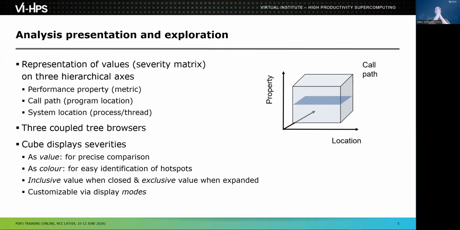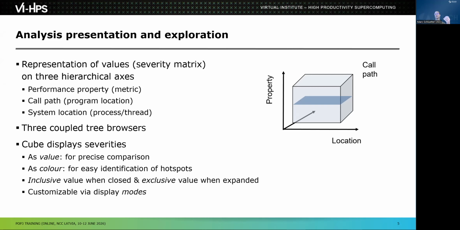Conceptually, the analysis, presentation, and exploration works along three dimensions, which is where the name Cube comes from. You have on the one side a metric, a property you want to look at, then you have a call path and a system tree location.